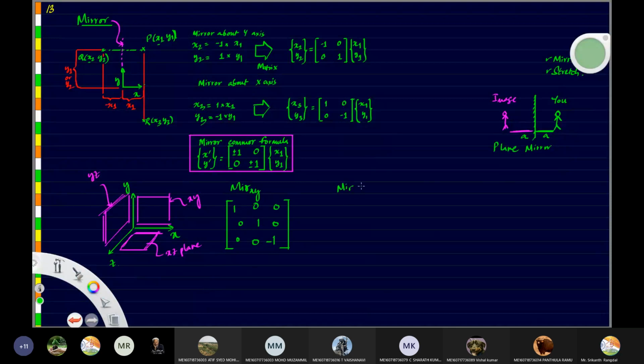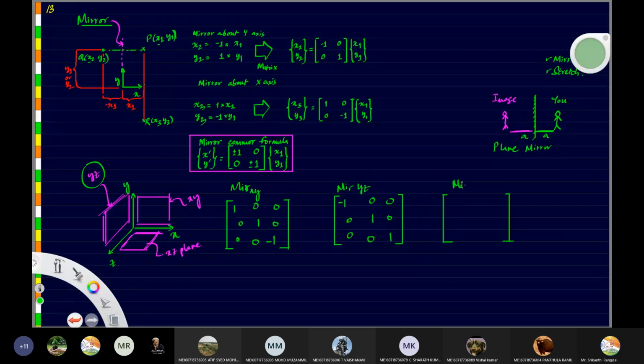When you are mirroring about YZ, then X will change its sign. So how does the matrix have to be? Again 1, 1, 1, all the remaining are 0. And what will change the sign? About YZ, X will change the sign, so X will become negative. And finally, what is remaining? YZ is over, XY is over, so XZ.